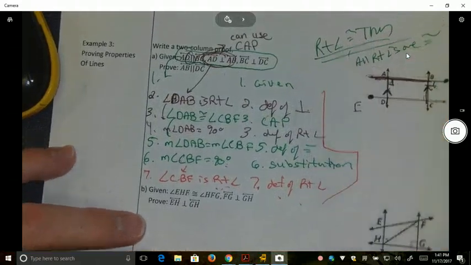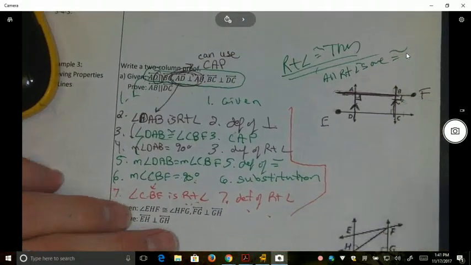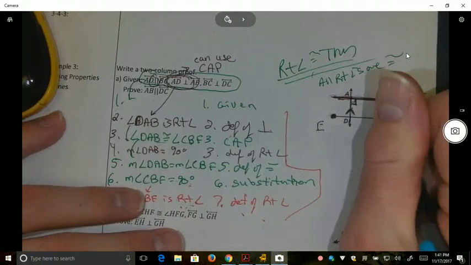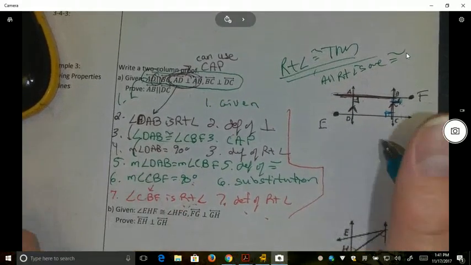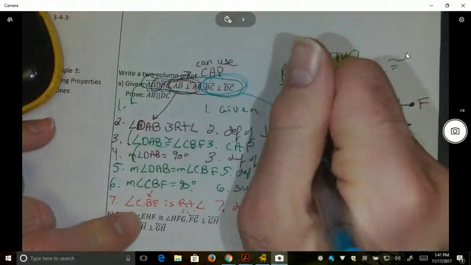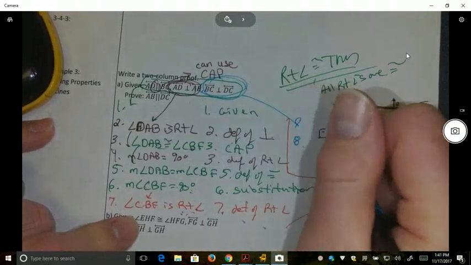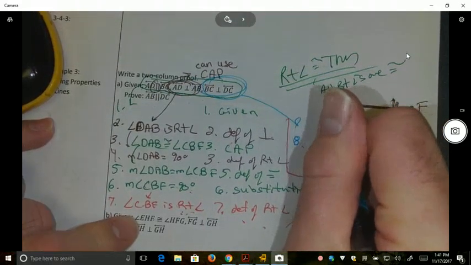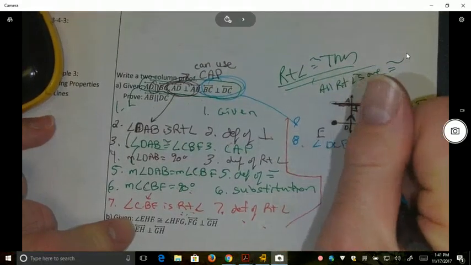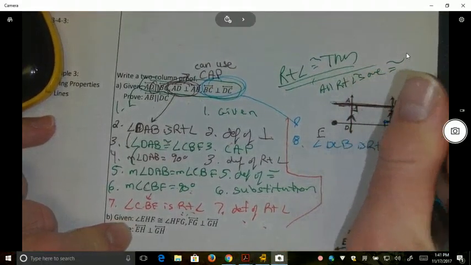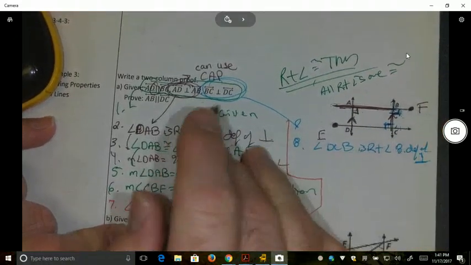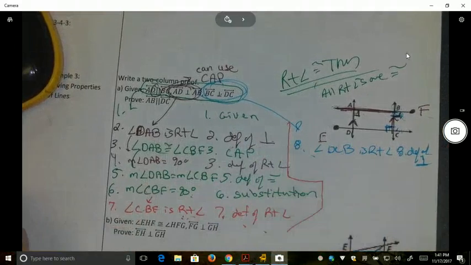All right, I'm going to come over here. Now I have that this is perpendicular, and I was given this one was perpendicular, or that they were right angles. So I'm using the fact that those are perpendicular. I'm going to write my line 8. That angle DCB, this one right here, is a right angle by definition of perpendicular, because that's how I knew it's a right angle, because they were perpendicular.